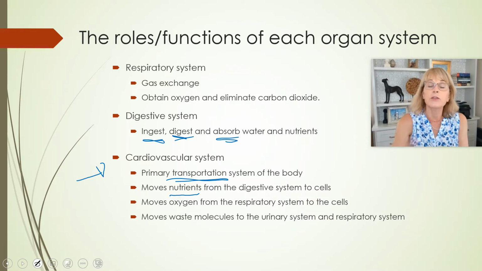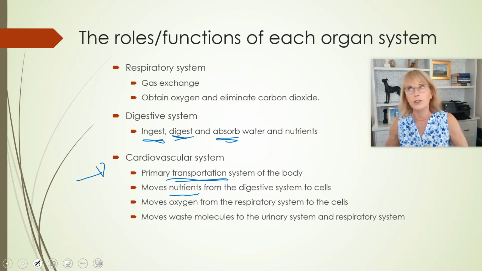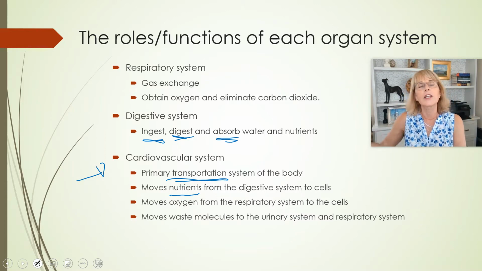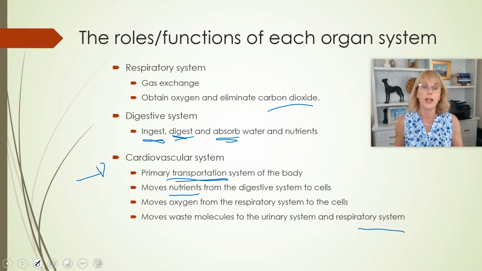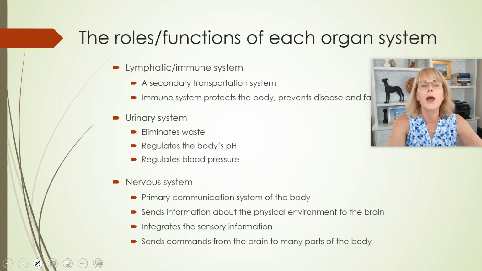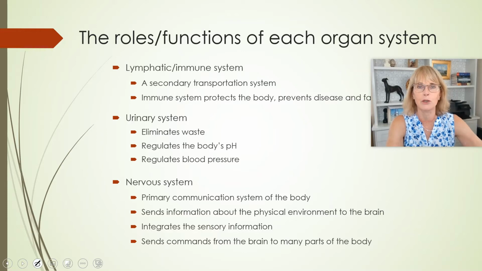It'll take oxygen from your lungs to the cells of your body. It'll take waste molecules like carbon dioxide from the cells back to your lungs, or it'll take other metabolic waste from your cells to your kidneys, to your urinary system. So that's the cardiovascular system, primary transportation system of the human body.